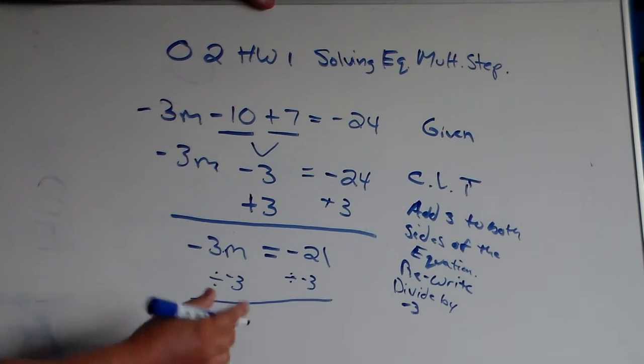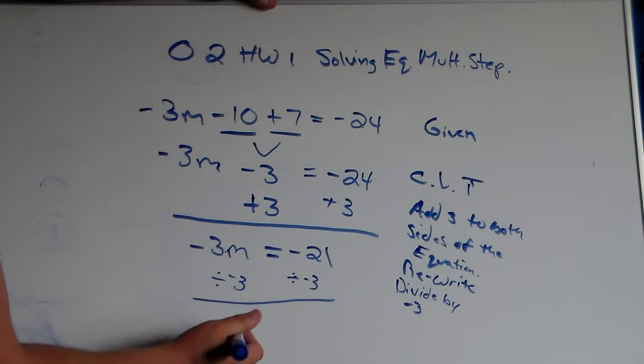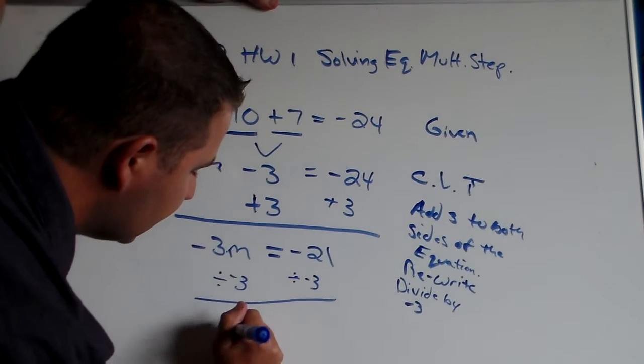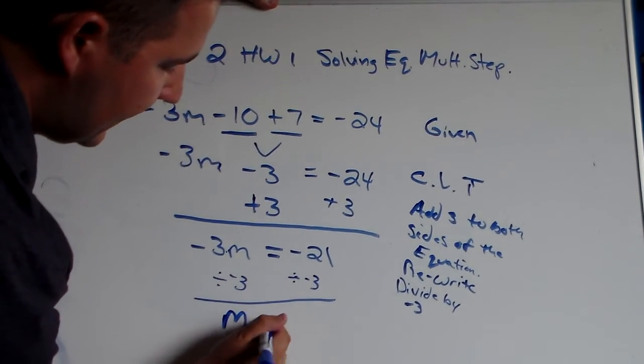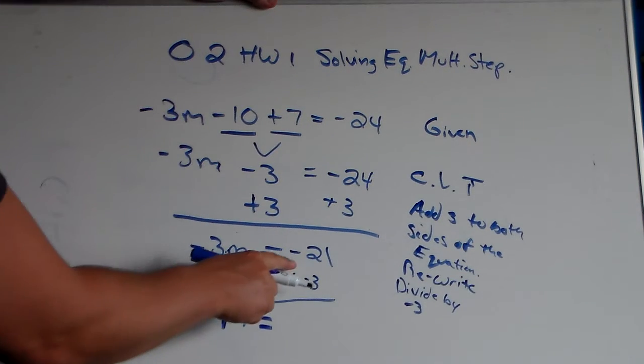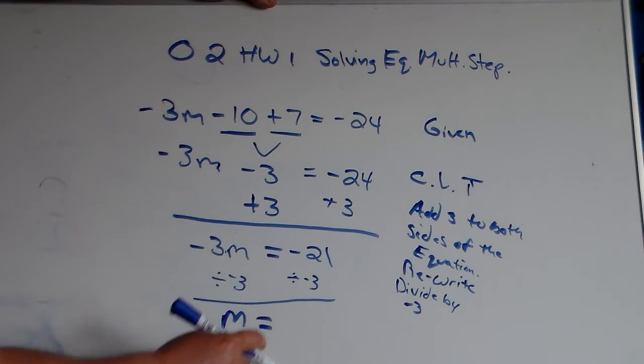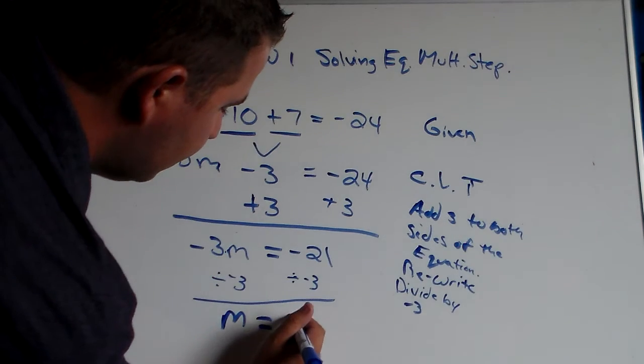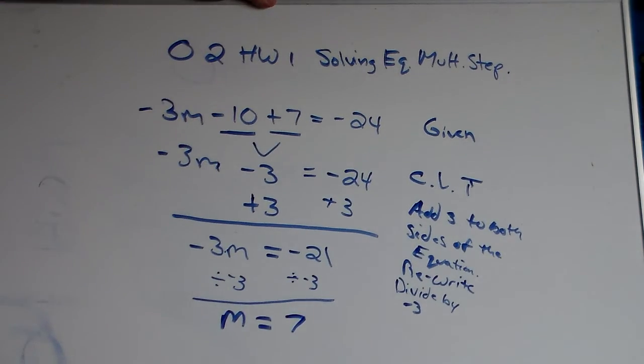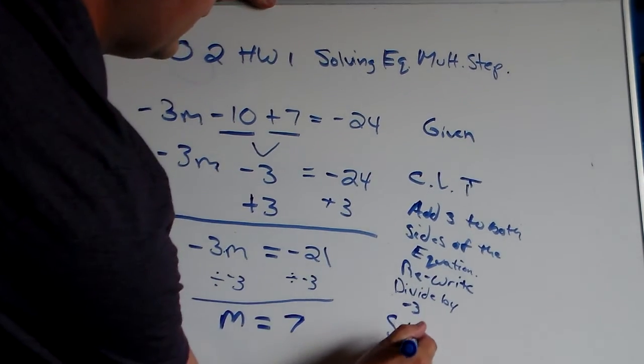And then we're going to simplify here. Negative 3 divided by negative 3, that's 1. And we don't write our 1, we're just going to write m. Carry down our equal sign. Negative 21 divided by negative 3 gets you positive 7. And that's our solution.